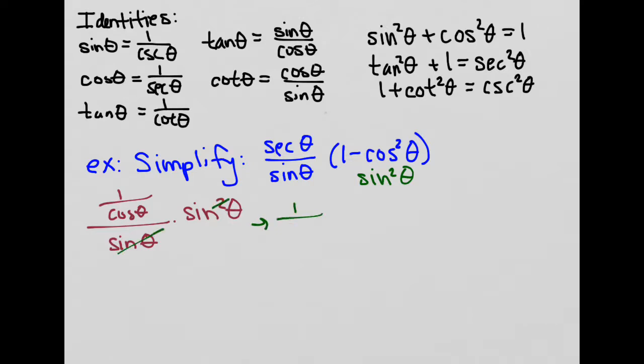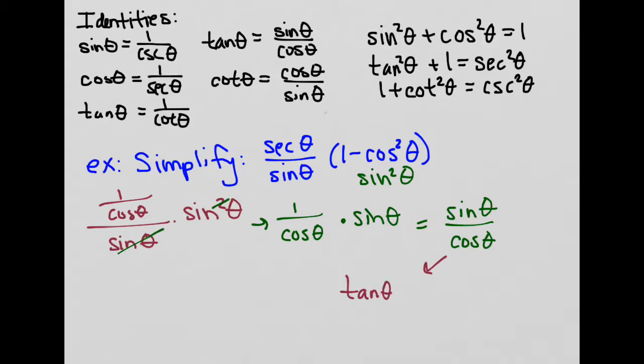We get 1 over cosine theta times sine theta, which equals sine theta over cosine theta. And then we look at our trig identities and see if we can simplify that to anything. So sine over cosine actually equals tangent. So this can be simplified to just tangent theta.